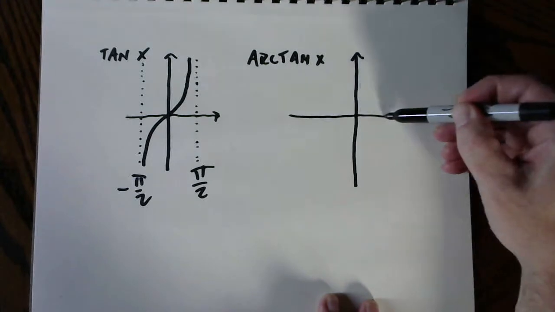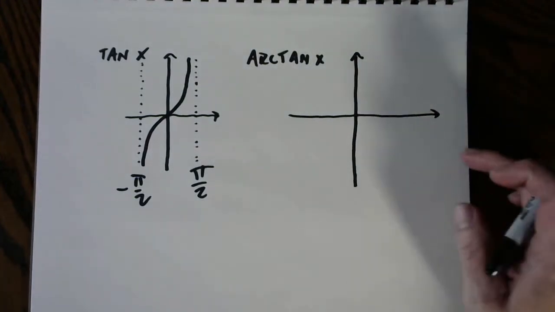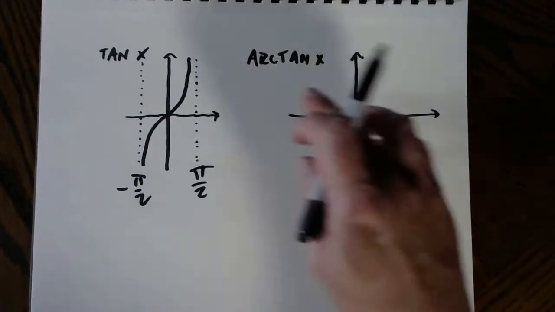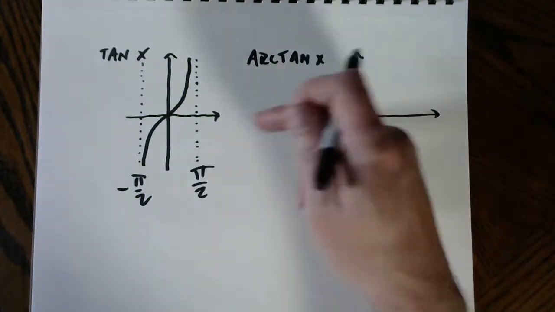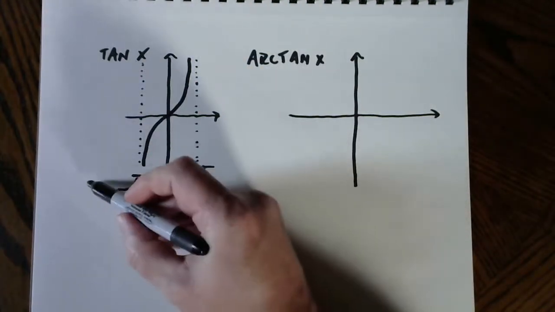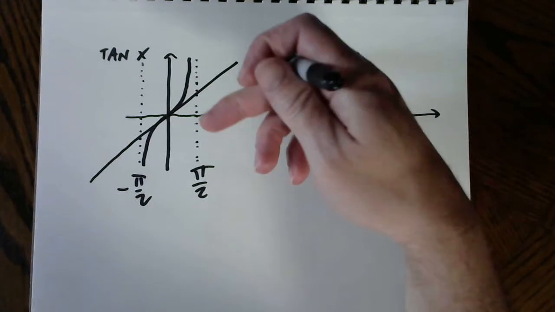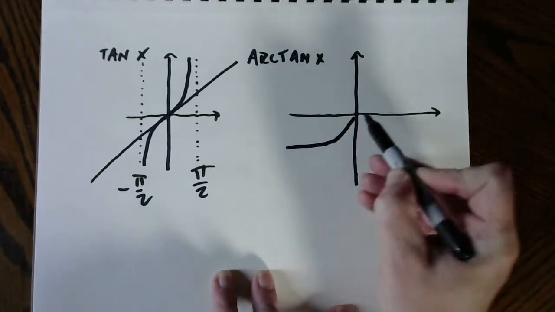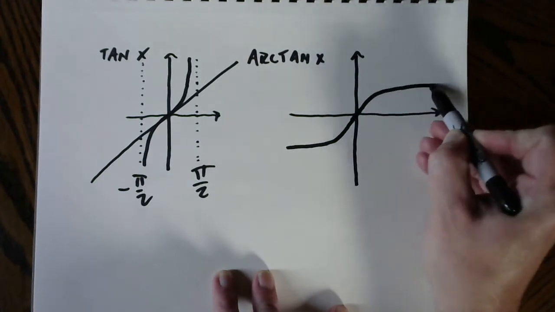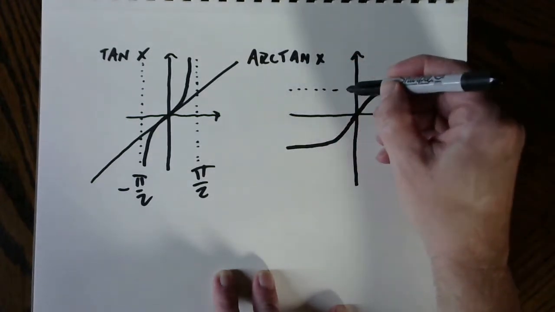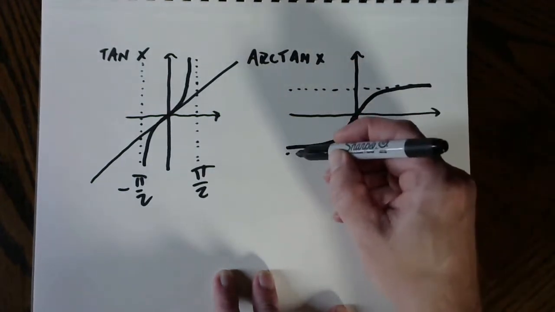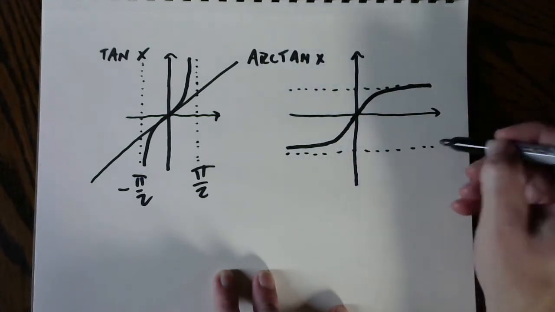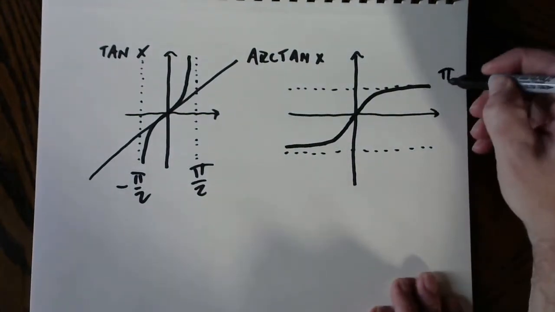Recall that we can find the graph of an inverse function by reflecting the original over this line. In fact, I'll draw it, that line. So if I were to do that, I get this shape. And the point of that, a little sloppy there, is this.